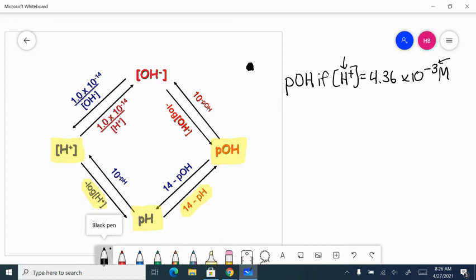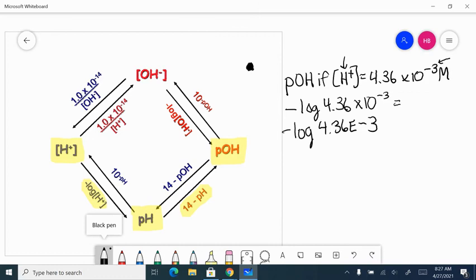So in my calculator, I type in negative, I hit that log key, 4.36, and then I'm going to do the exponent, not times 10 to the minus 3. I'm going to hit E minus 3. So my calculator will look like this, log 4.36 E minus 3. And when I press enter, it's going to give me the pH.